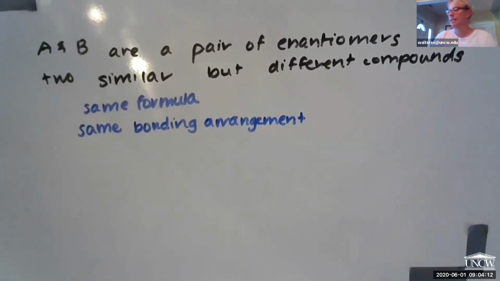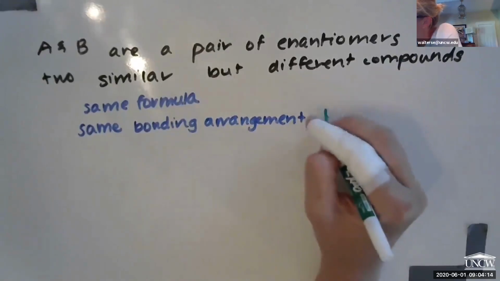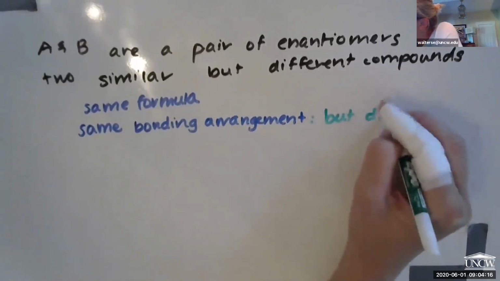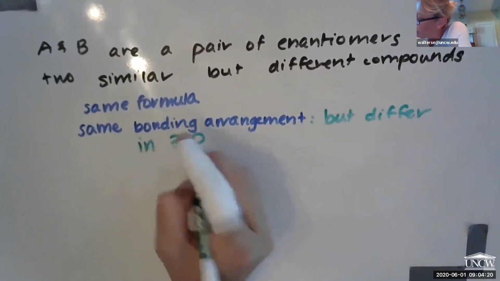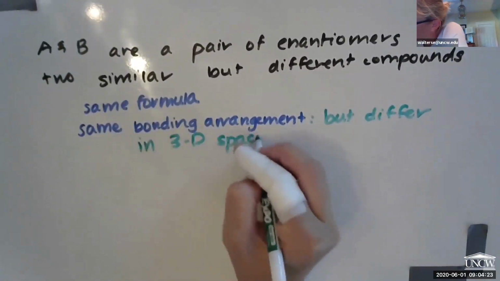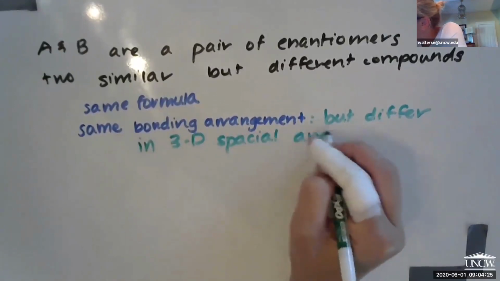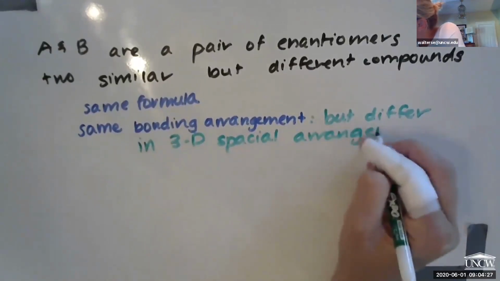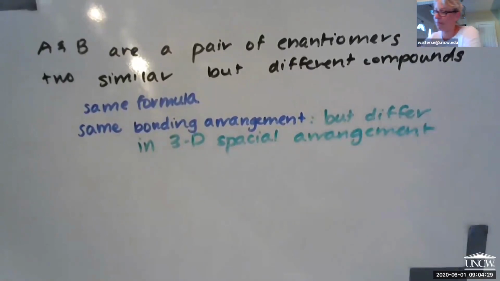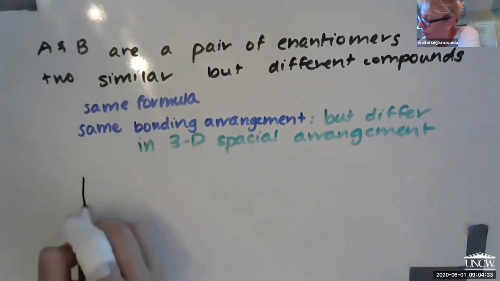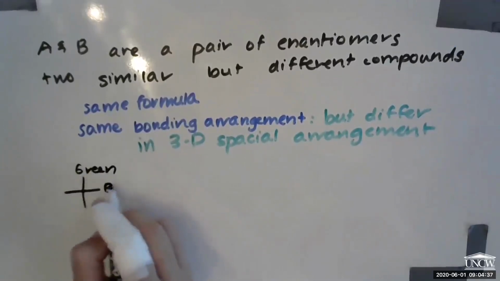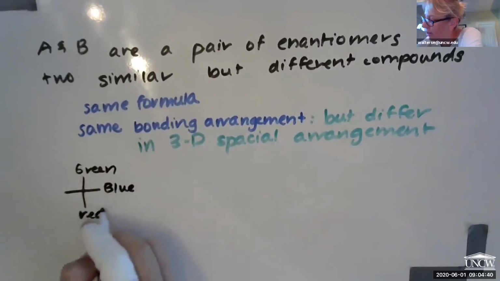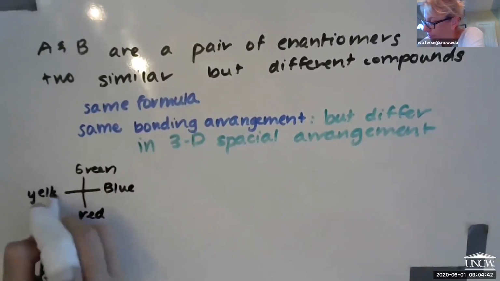But they differ in their 3-dimensional spatial arrangement. So if you drew it flat as a Lewis structure, you could have green, blue, red, yellow.